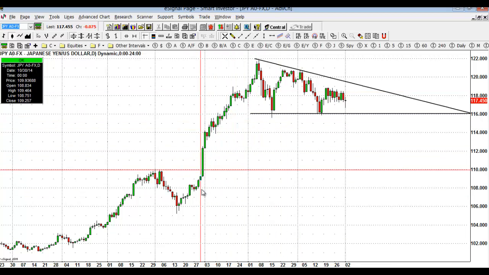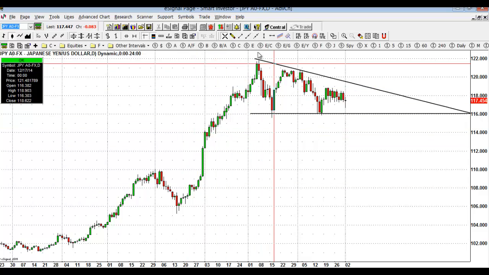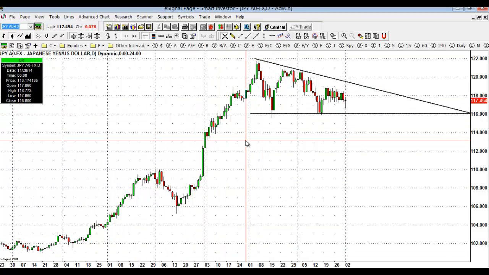And for the income system members, we will have made some pretty good money on this move late last year.